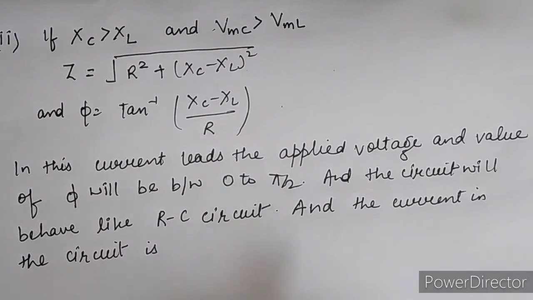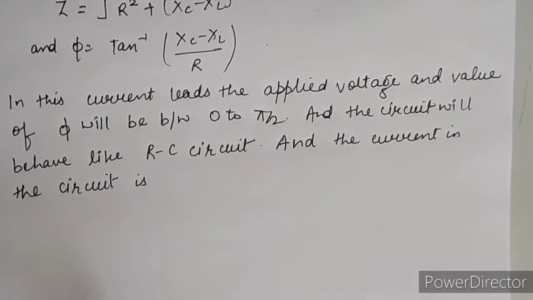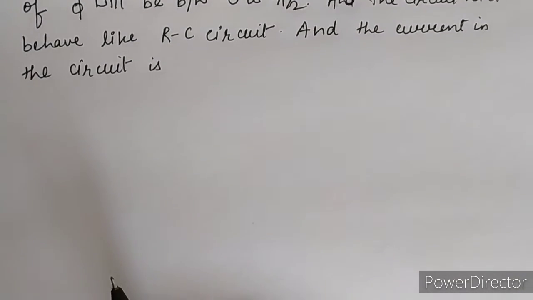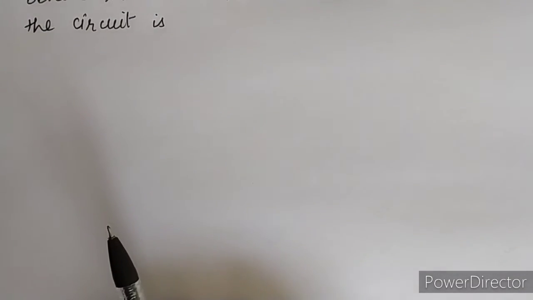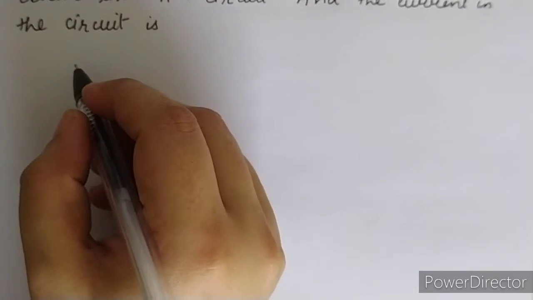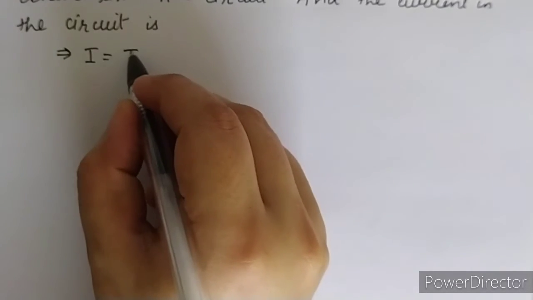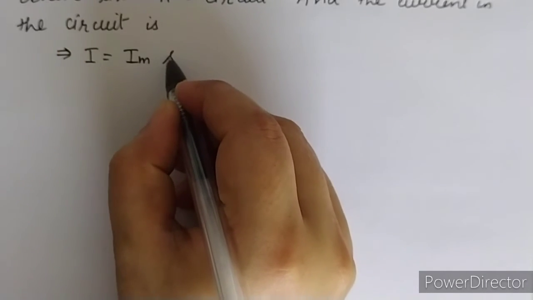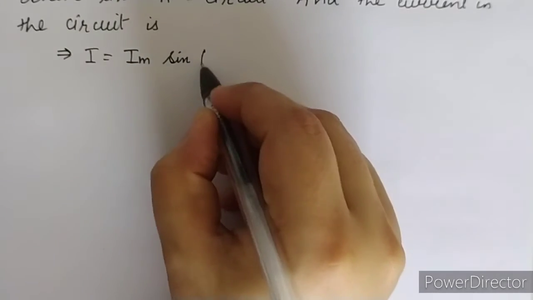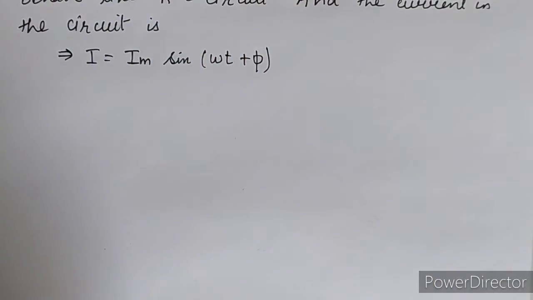It means the phase of the current is plus phi, and the value of phi is between 0 to pi by 2. This we have to remember. And the value of current will become I is equal to Im sin(omega t plus phi).